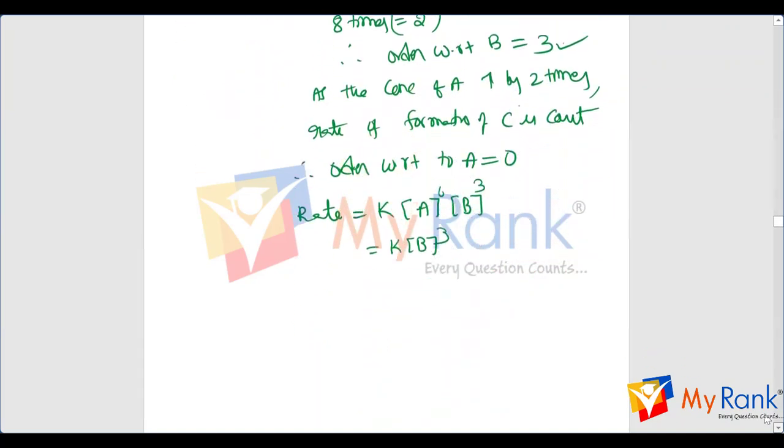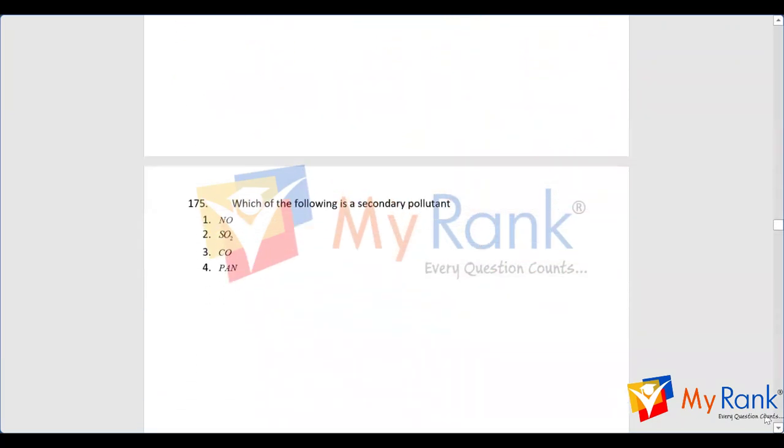And the next one is question number 175. Which of the following is a secondary pollutant? Here, these 3 are primary pollutants of photochemical smog. PAN is a secondary pollutant.